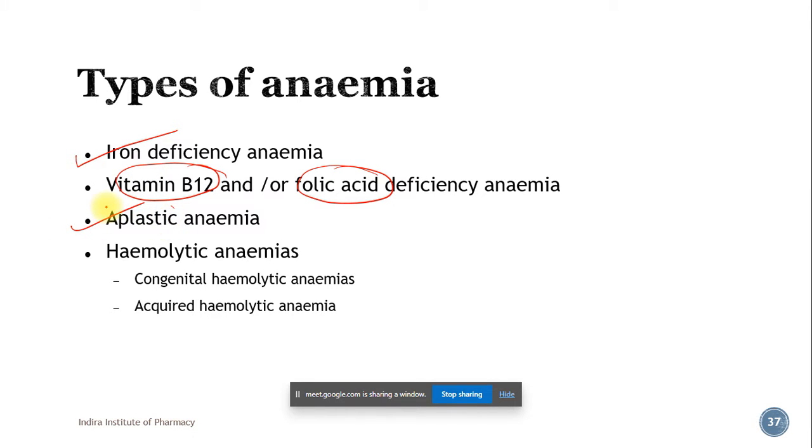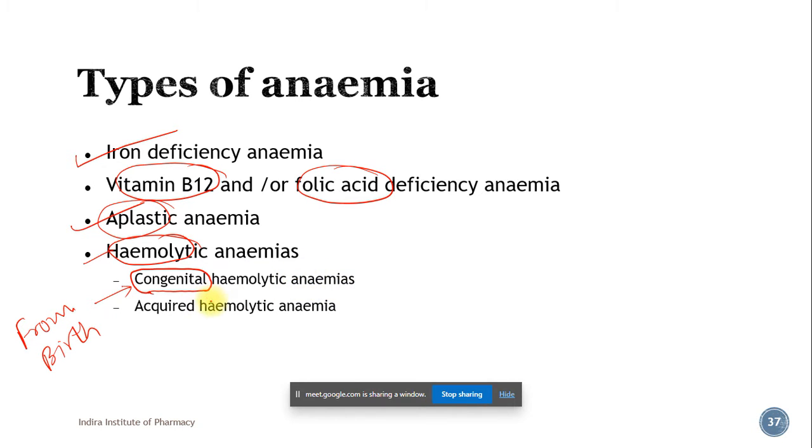The third is aplastic anemia, and lastly hemolytic anemia. In hemolytic anemia there is the congenital type, and the meaning of congenital is from birth.